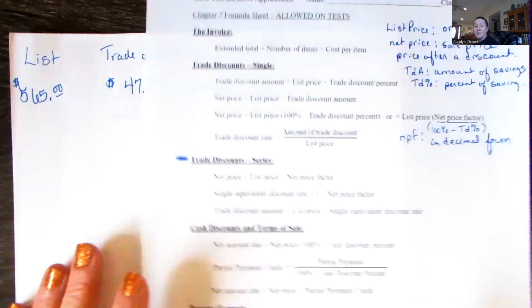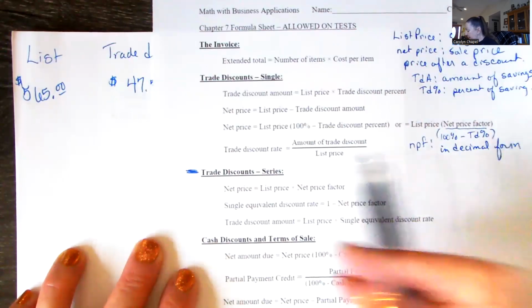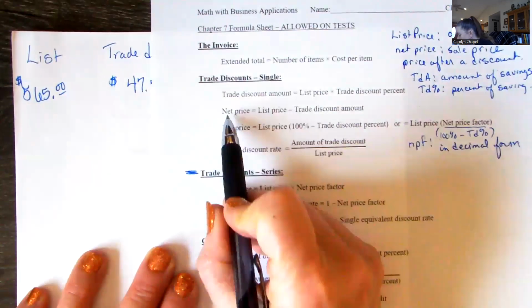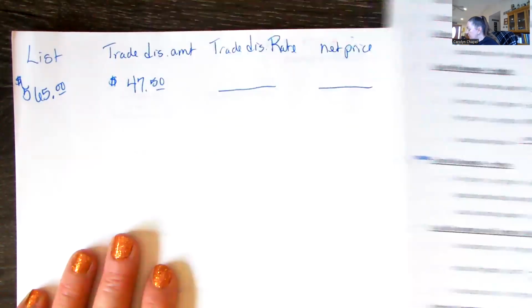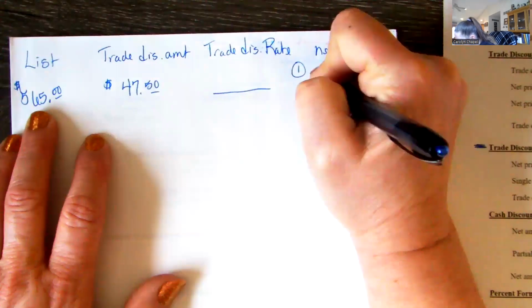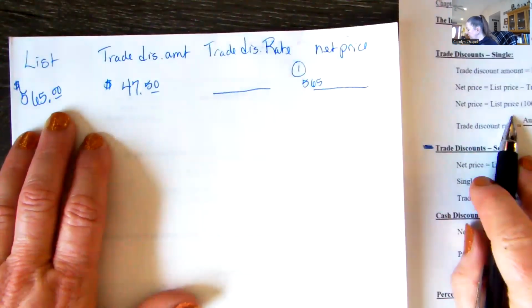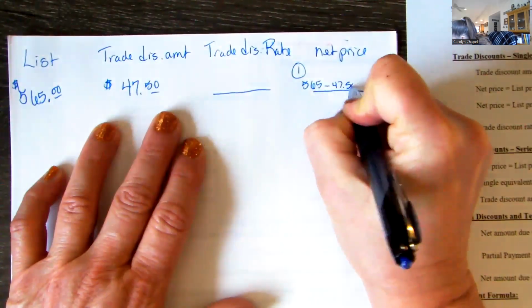So looking at our formulas, again, it doesn't really matter which one we go after first, but I'm going to go after this net price first. So here I see net price is my list price minus that trade discount amount. So I can calculate this one here by taking that $565, my list price, I'm going right off my formula here, and subtracting the $47.50.